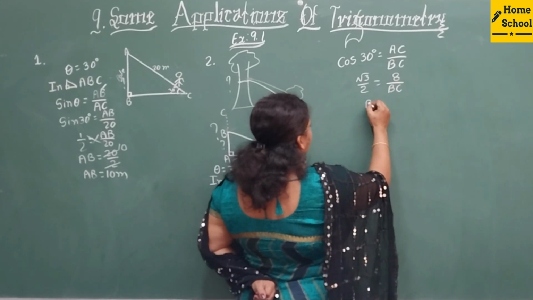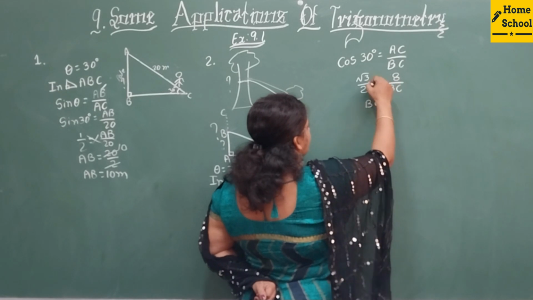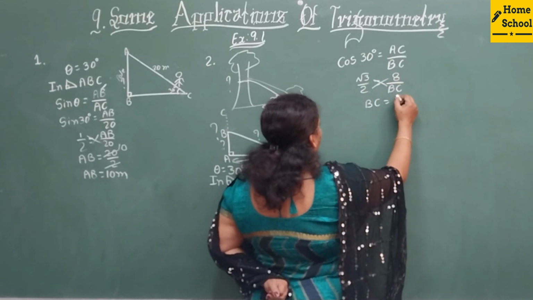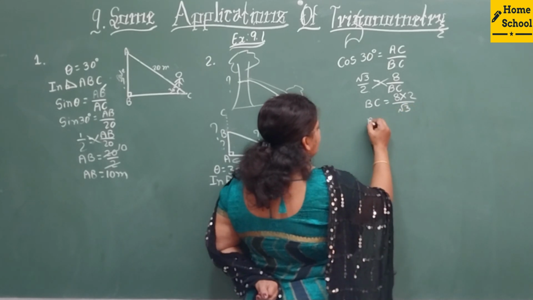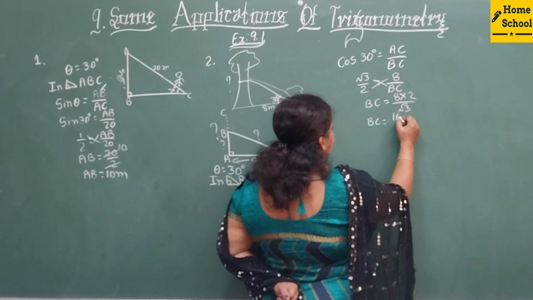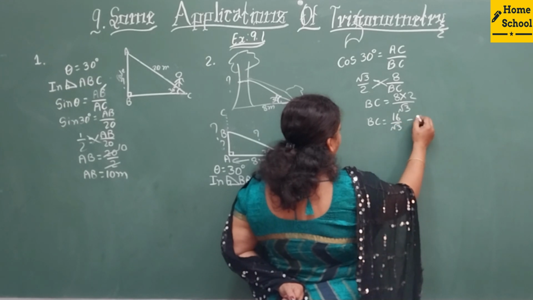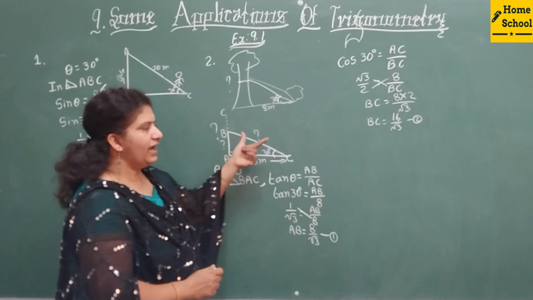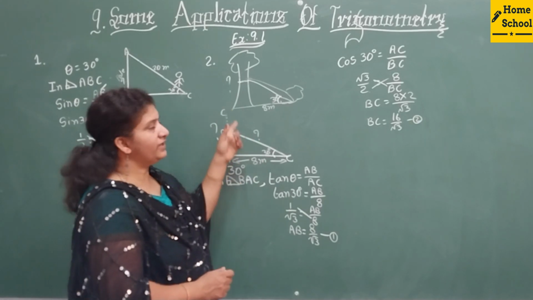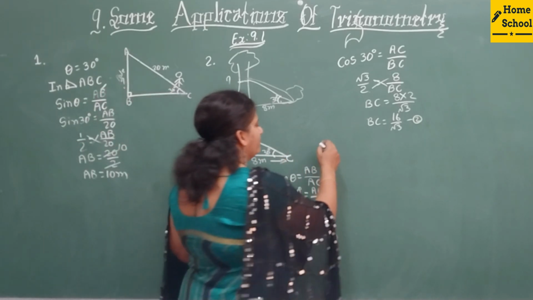Now cross multiply. BC is equal to 8 into 2 by root 3. BC is equal to 8 2s are 16 by root 3. Mark it second equation. I got AB and I got BC. Height of the tree means add both of them.